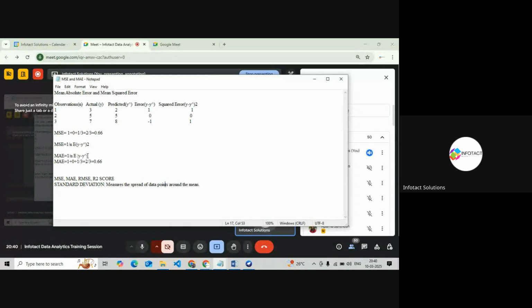MAE is equal to 1 upon n, summation of the magnitude of y minus y dash, where y is the actual, y dash is the predicted, and n is the number of observations. MAE is easy to understand and it treats all errors equally.